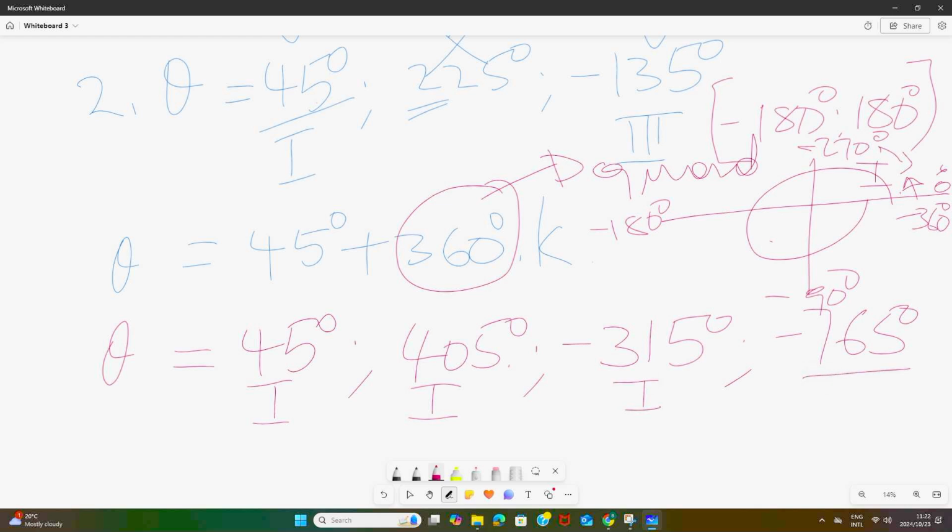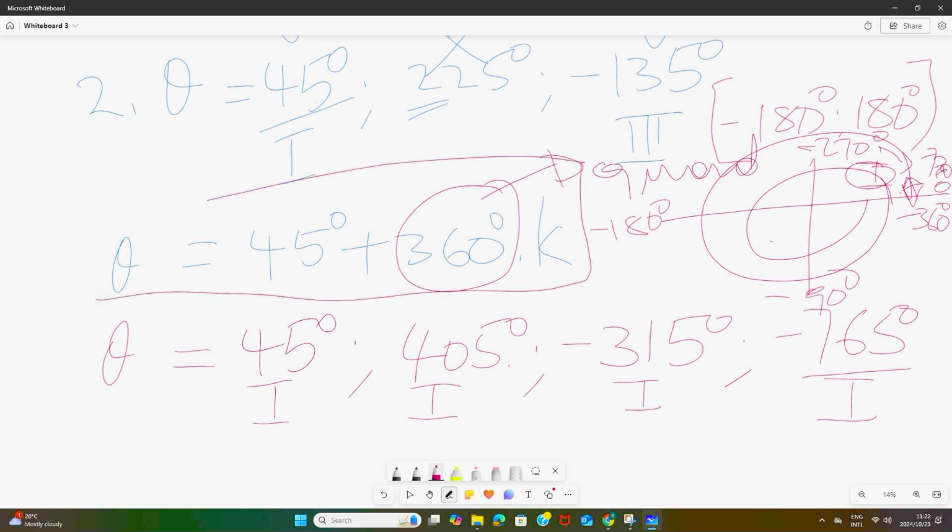Same applies to negative 765 degrees. In which quadrant is it? It is in the first quadrant also. If you do the second rotation in the clockwise direction, it will end there at negative 720. All these angles are in the first quadrant. That means if you are using 360 degrees, bear in mind that you have to touch all the quadrants.